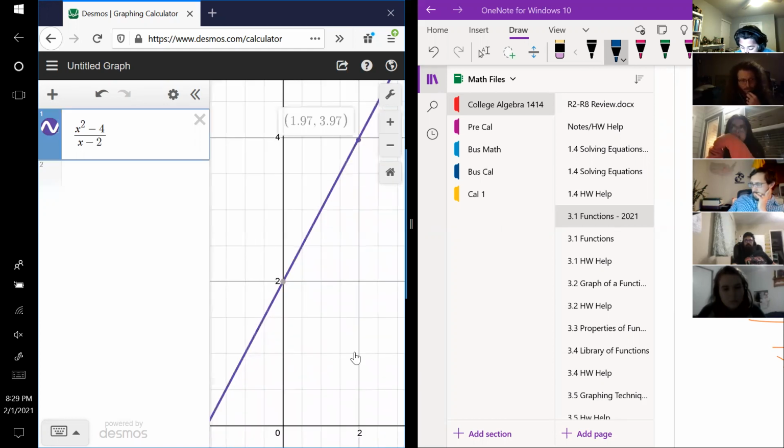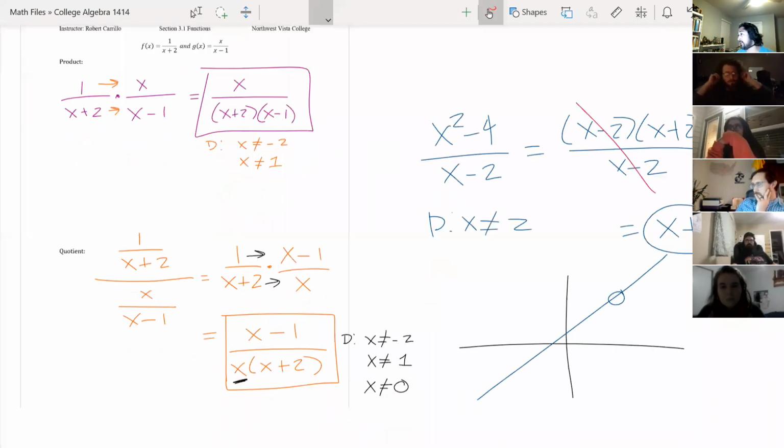There we go. Undefined, guys. Because the function cannot exist at 2. Hopefully that helps you understand more.